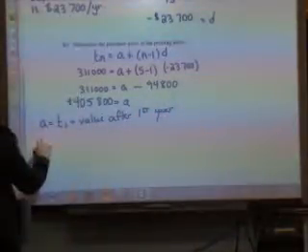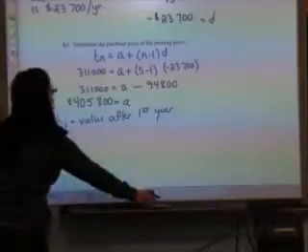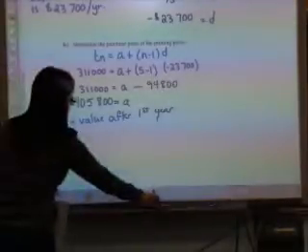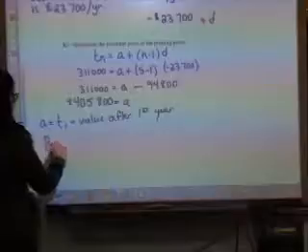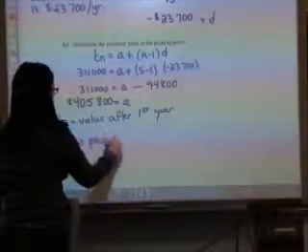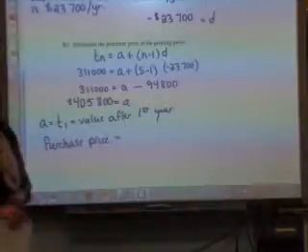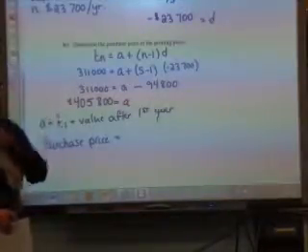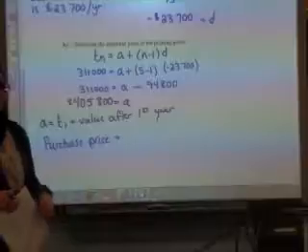So what would be the initial value, or the purchase price, I guess? Is the purchase price $405,000? No, because that's after the first year. So how do I get before that first year?